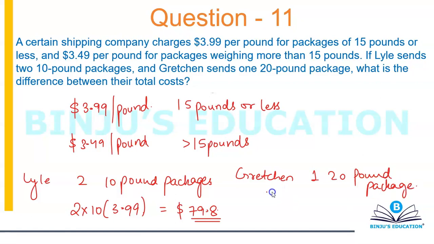So she'll be paying a total of 20 into 3.49, which will give you a total of $69.8. What is the difference in their total cost? You can see it for yourself, that is $10, and that's your answer.